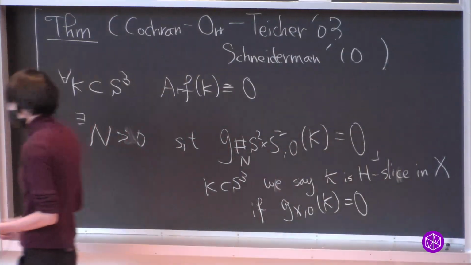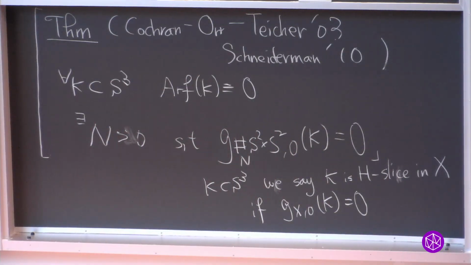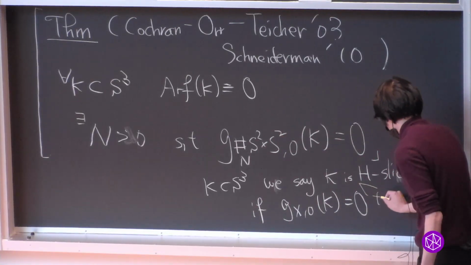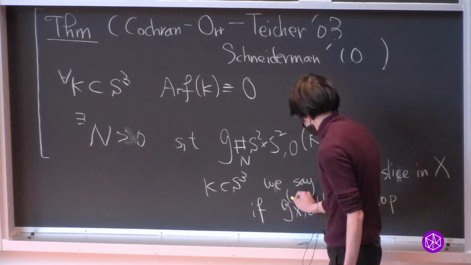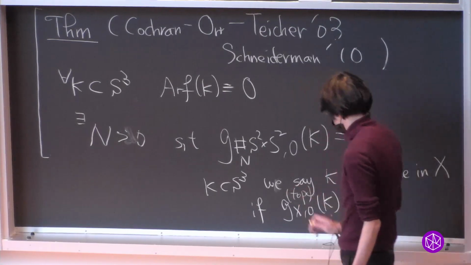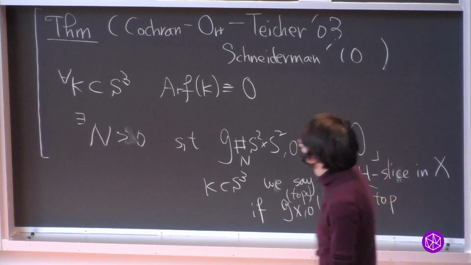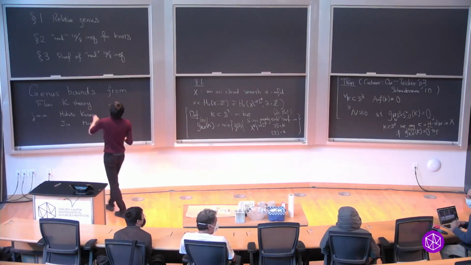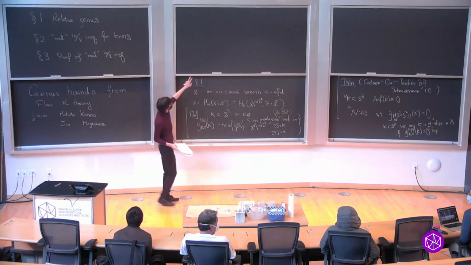This is just terminology. And we can, of course, define a topological version as well, just by replacing the smooth genus with the topological genus. Their result is for smooth? Yes, for smooth genus.